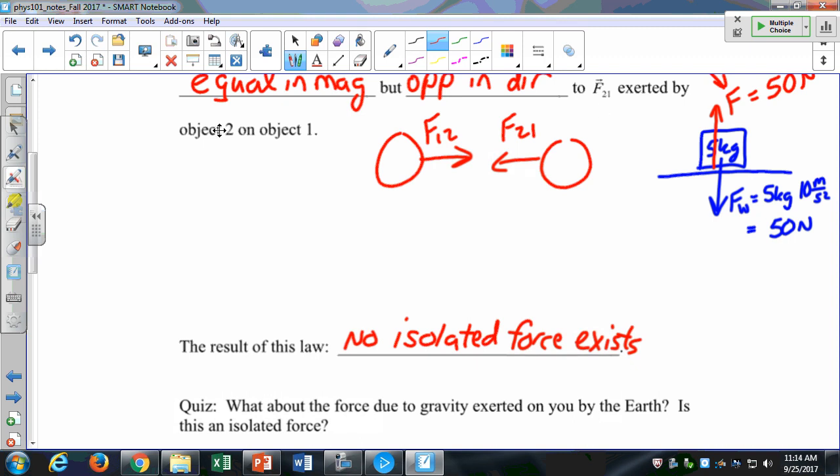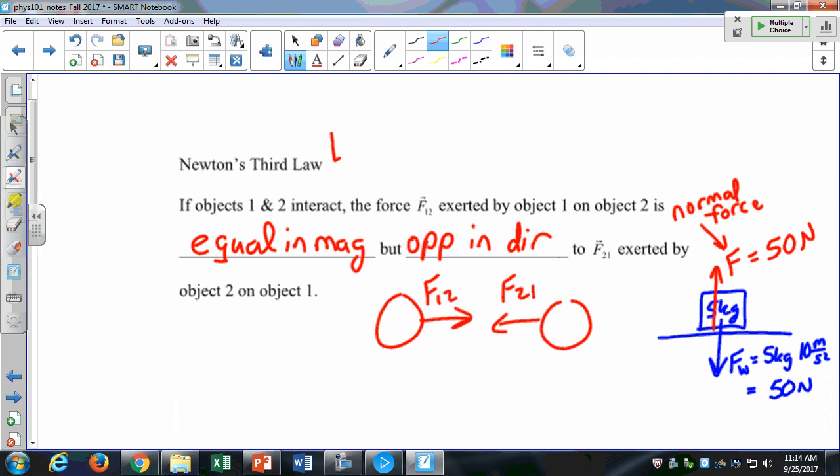And as I said, this is called the law of reaction or action-reaction, because it sort of pairs these forces into an action force and then a reaction force. Like, for example, here we would call this our action force, and then the responsive force is the reaction force.